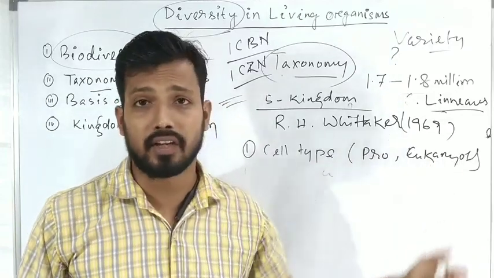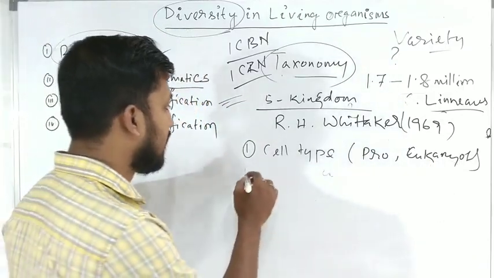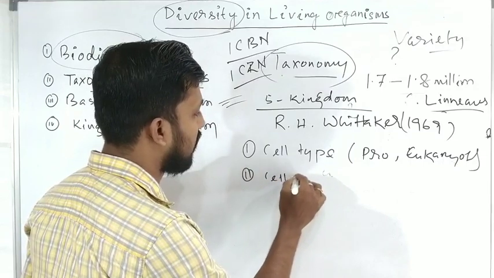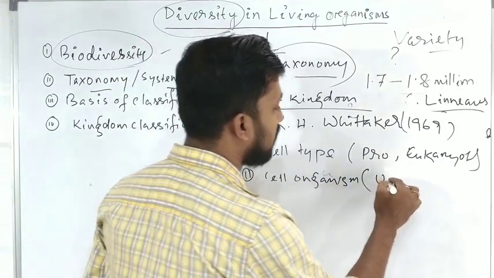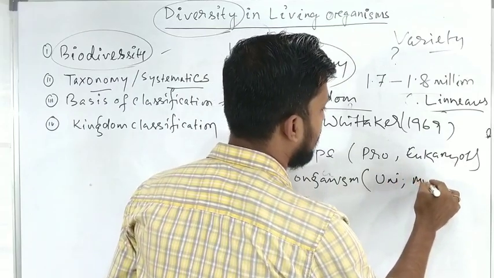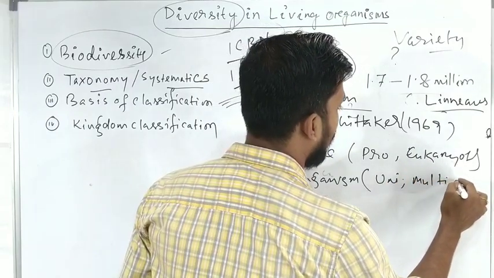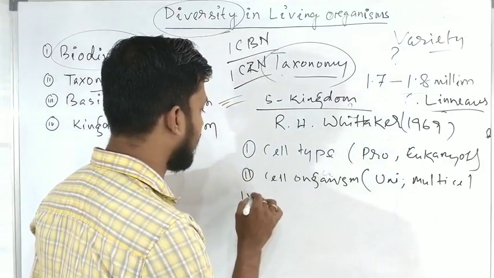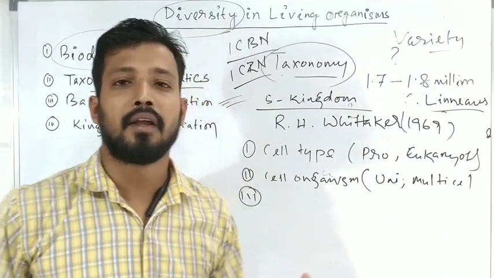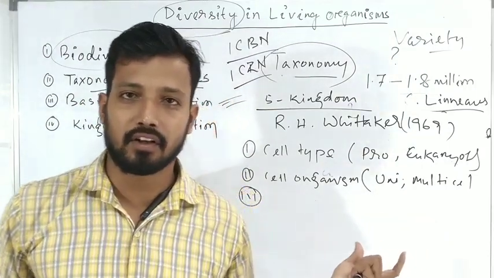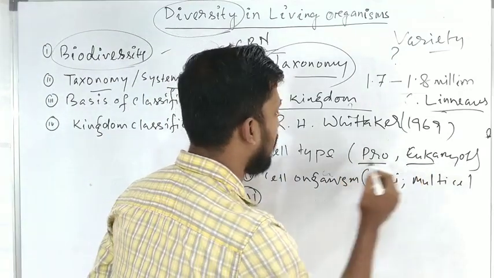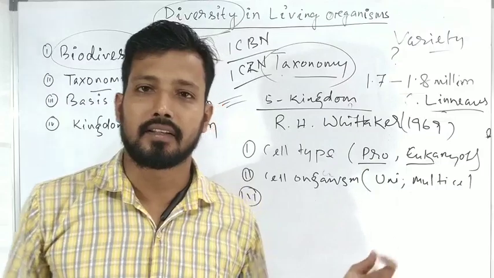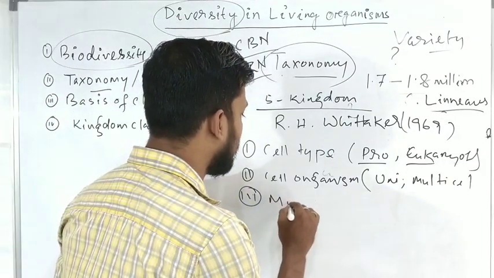Then cell organization, that means they are either unicellular or multicellular. Another criterion is whether the nucleus is present or not. It is from your prokaryotic or eukaryotic. You can write that.